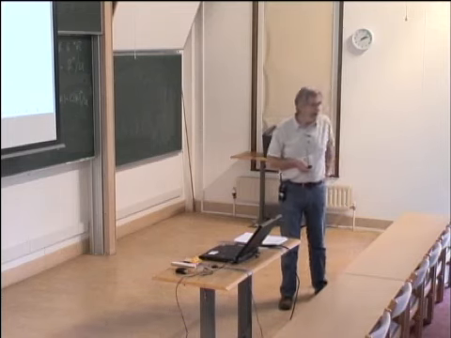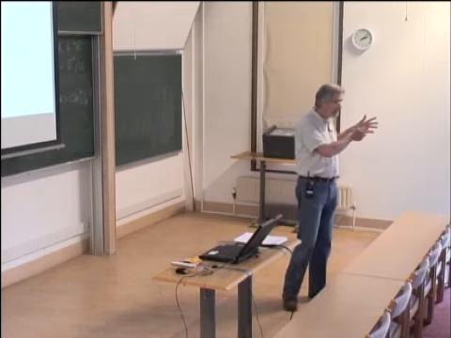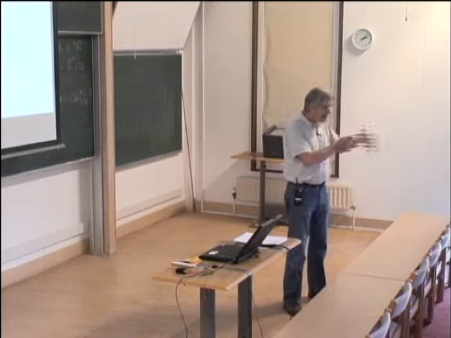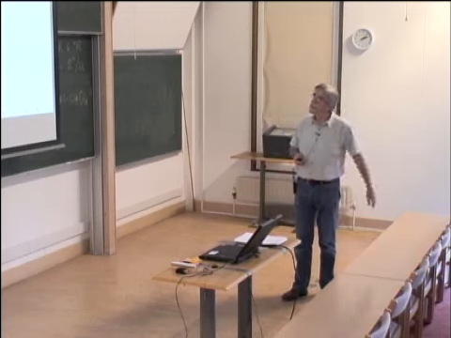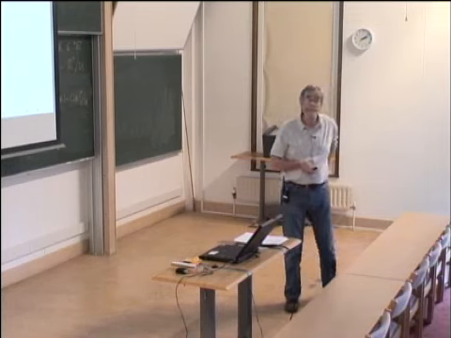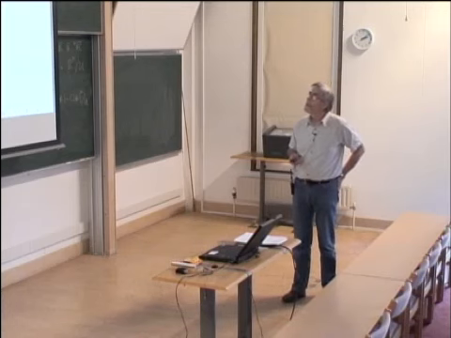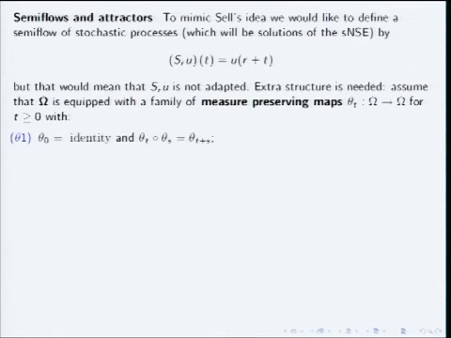Now, if we're going to mimic Sal's idea of taking a path, chopping it off and then shifting it back to zero, we can't actually do the same thing because of the adaptiveness requirement. So we've got to assume some extra structure on the underlying space.